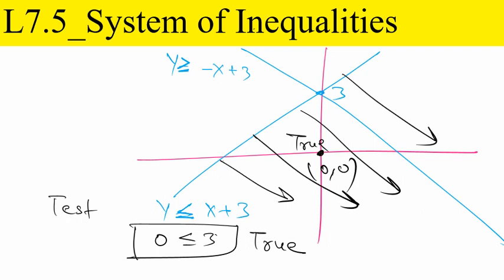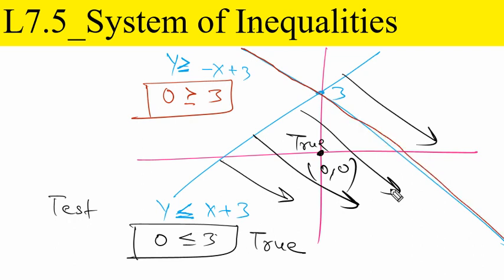Now let's check another one. Now let's check this one, 0 more than or equal to 3. In this case it is false. I'm checking for this line this time. So here it was false.